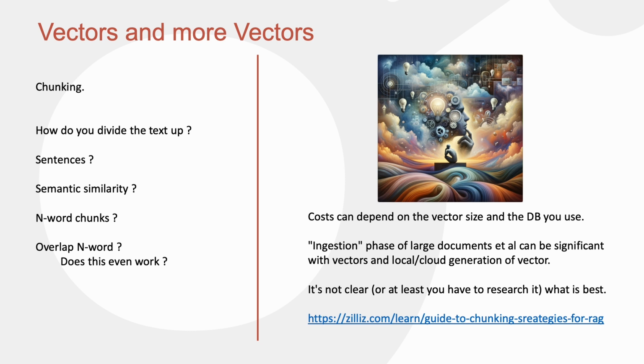Do you take every sentence in the report and turn it into a vector? Do you, I don't know, look for sections of the text that are semantically similar, that are talking about the same subject, and make that into a vector? Do you just say, well, I'm going to take the first 300 characters, that's going to be a vector?